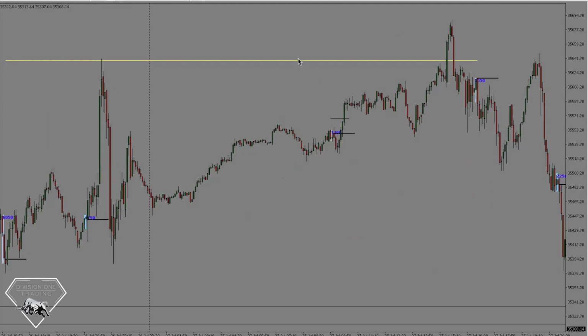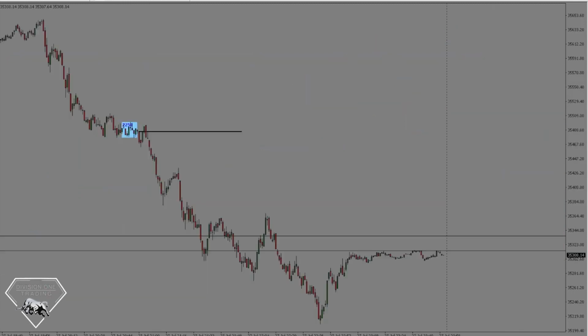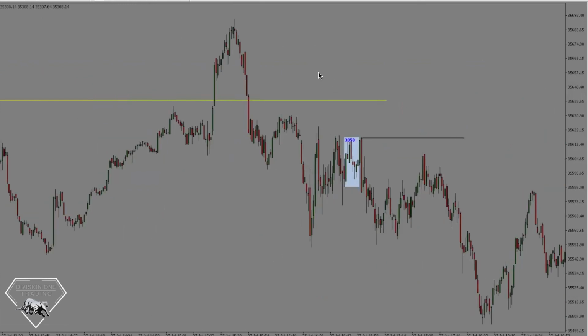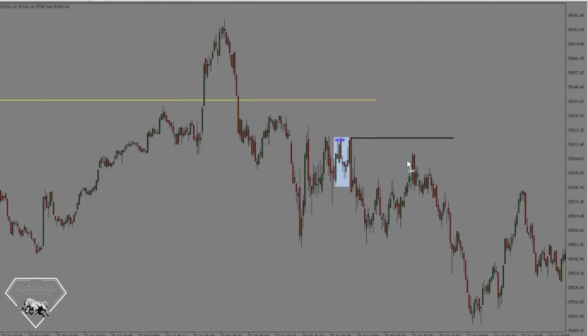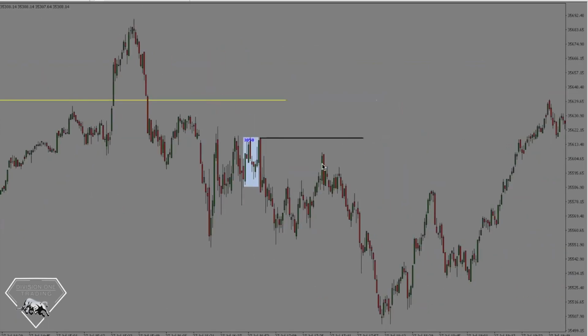So why would we try to reach above that high of the day again? We probably won't. And if we do, then we'll probably keep going higher, and then our next silver bullet will give us a setup. But we've already raided that high of the day. So when the silver bullet hits right here, you can feel comfortable looking for a short.